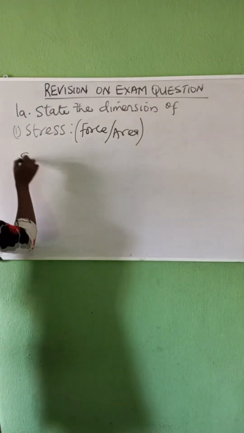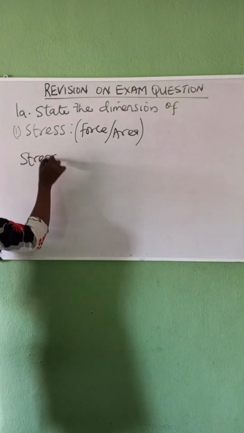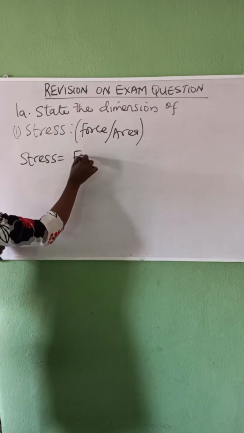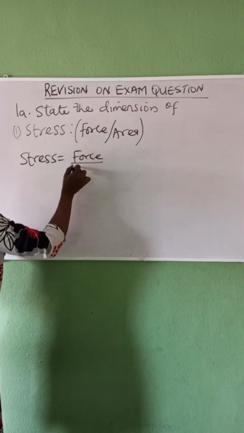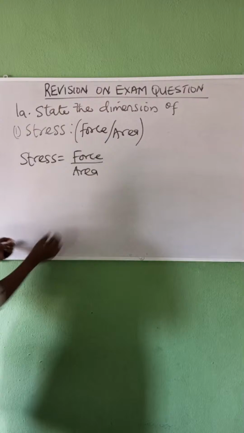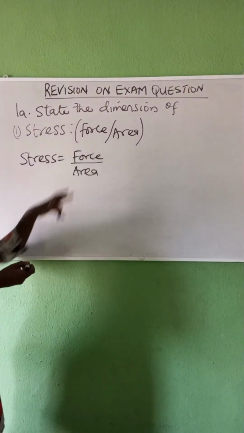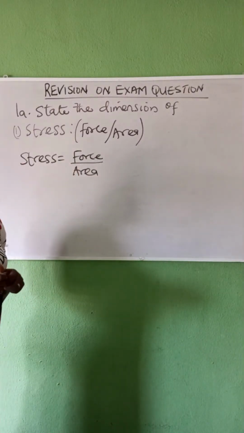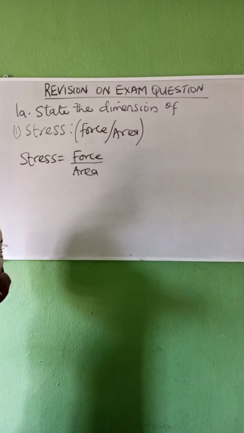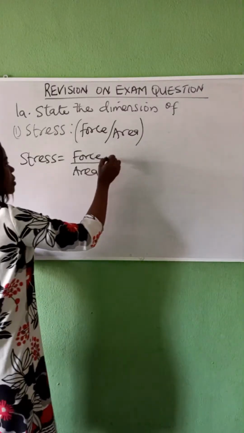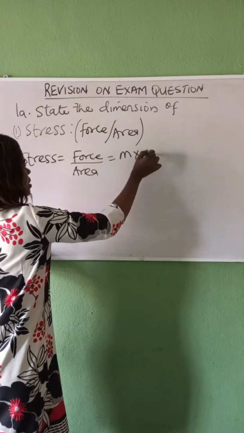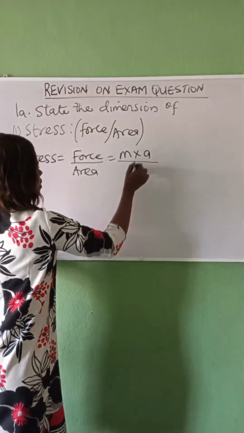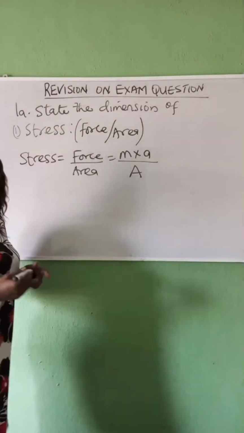Now, if you say that stress is force over area, what is force? Force is mass times acceleration, right? So this is mass times a, divided by area.